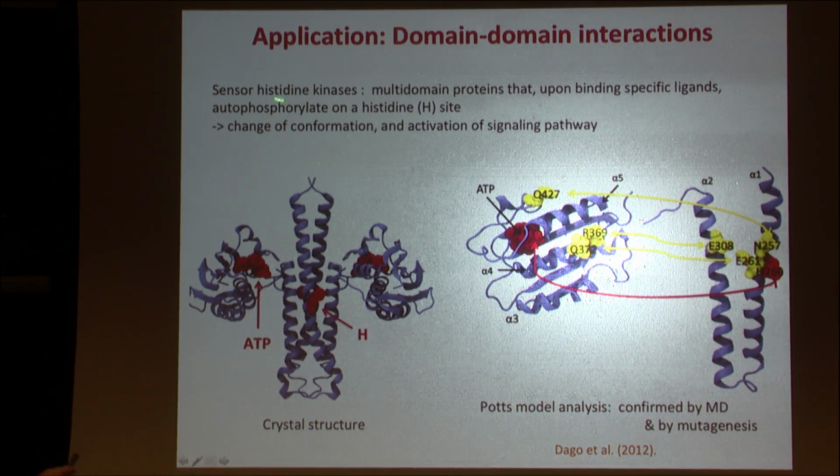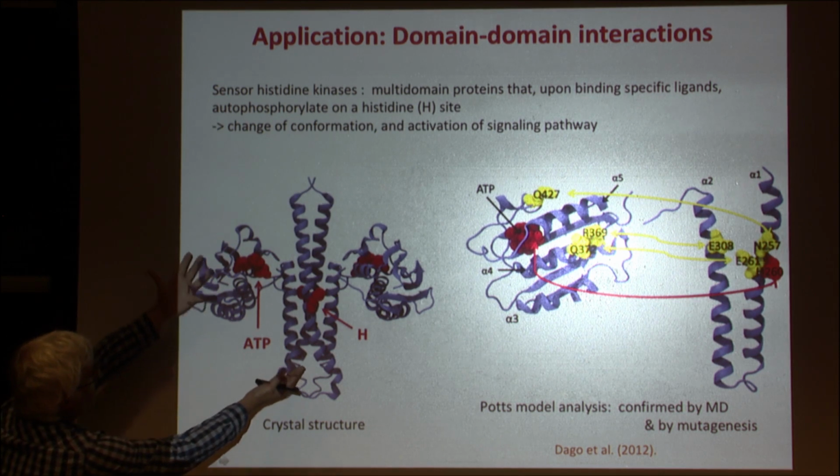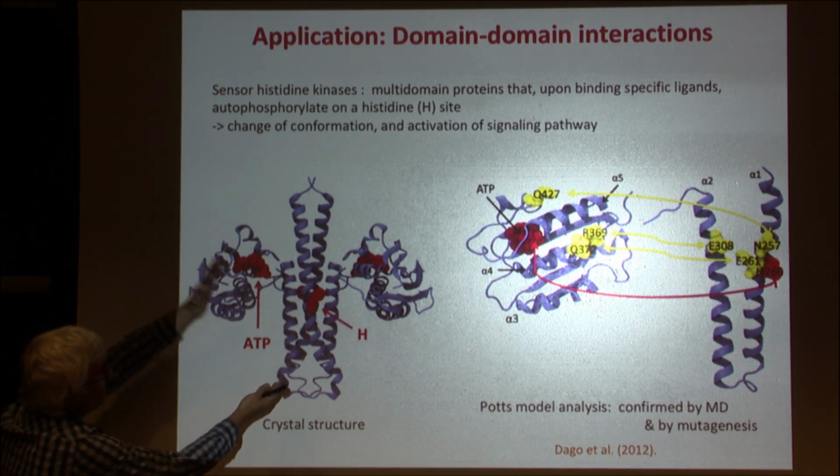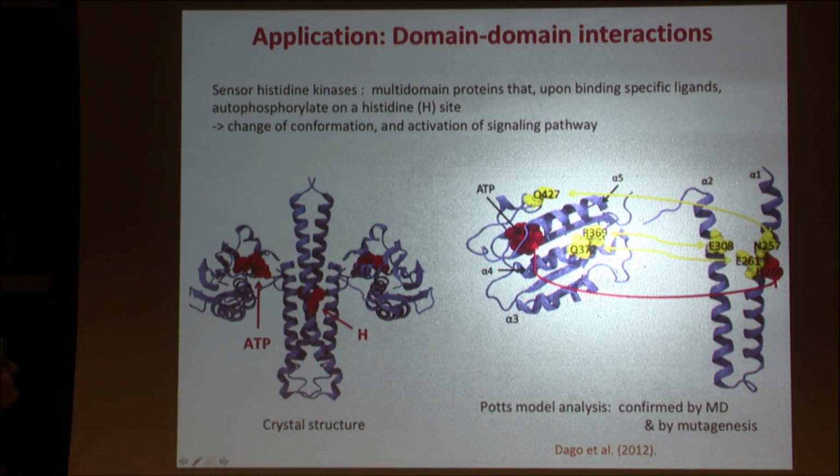This is an example of a sensor histidine kinase where a mobile part of the protein can bind, in the presence of ATP, onto this histidine here, which is the activation site. It was not known when the study was done. The structure was known in the open configuration, but not in the closed configuration.